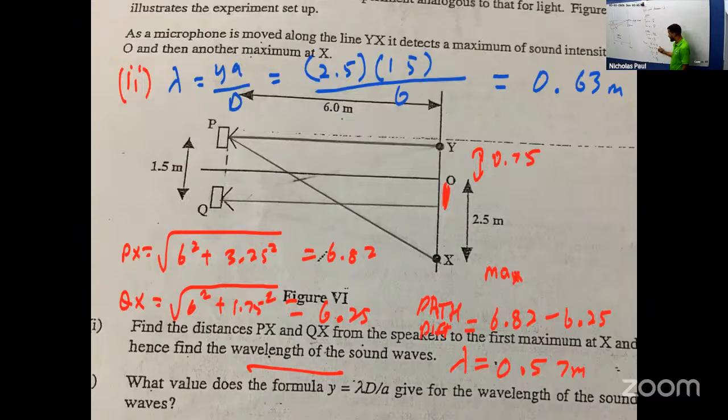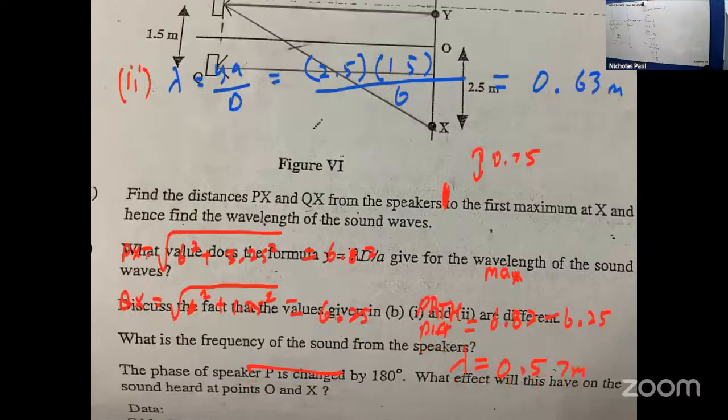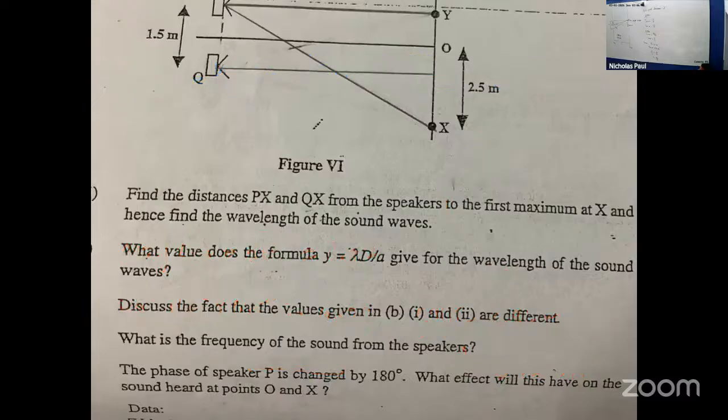So you have to tell them this. The reason the answers are different is because in deriving the formula, we approximate that D is much bigger than the slit separation.